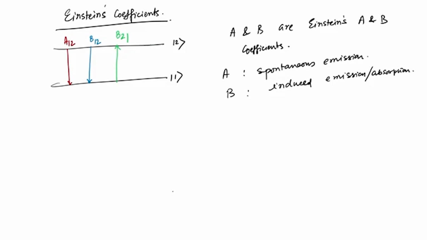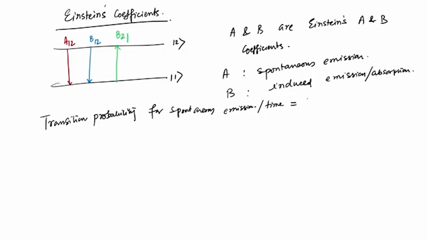Okay, so the transition probability for spontaneous emission, per unit time, is equal to A12, and the transition probability for induced emission, again per unit time, is equal to B12, but it also depends upon the energy density of radiation.